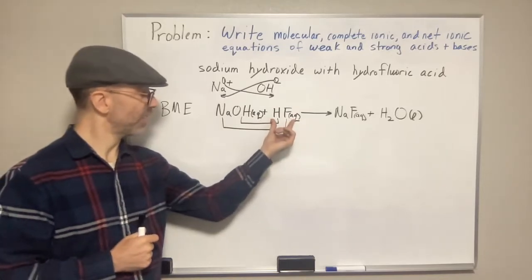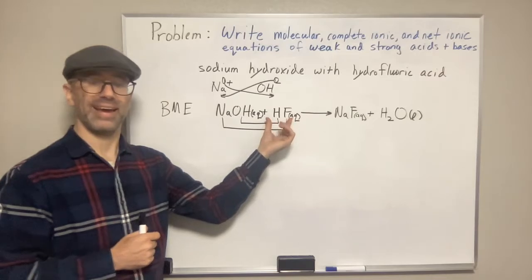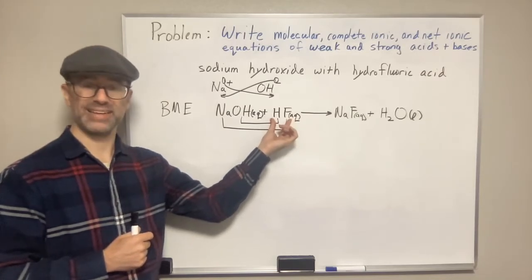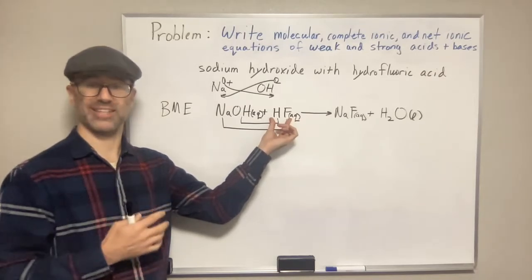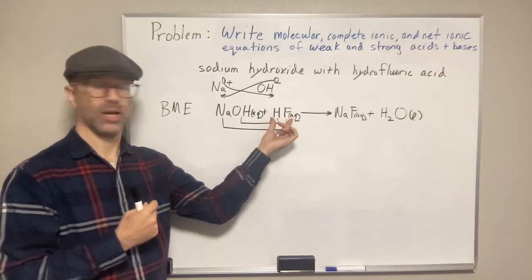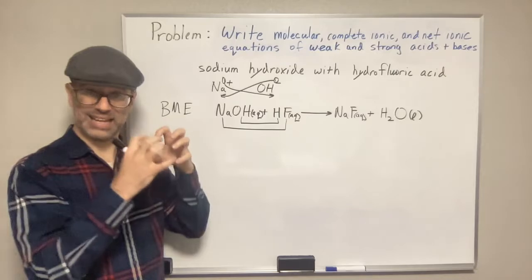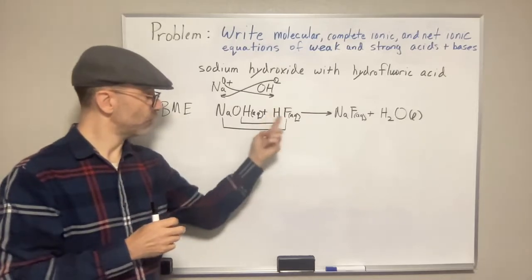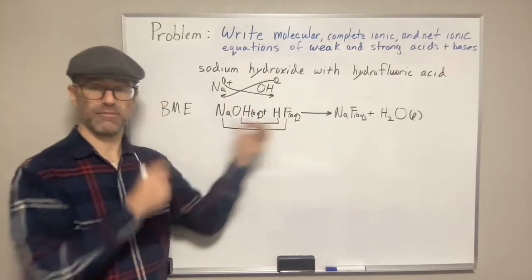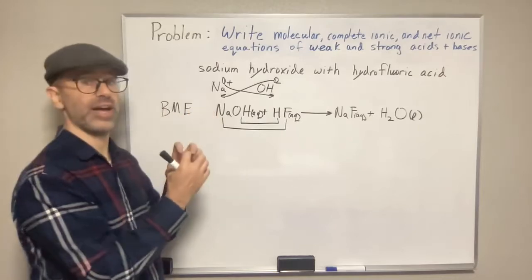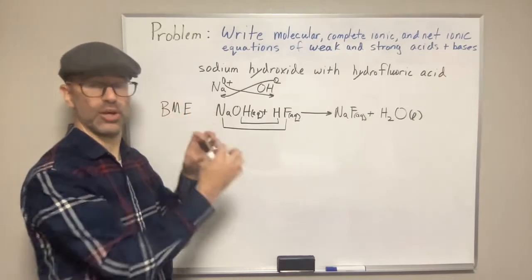Since this is a weak acid, what's actually in solution for the most part is the HF molecule. This HF molecule is together and dissolved in water. So you have HF molecules floating around in water. You don't have H plus and F minus floating around.